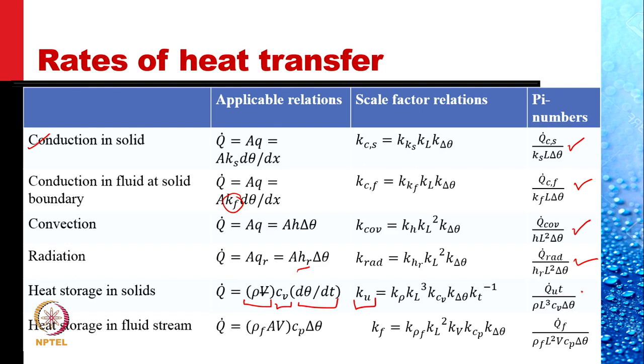And this is the relevant pi number. Similarly, for heat storage in the fluid stream, the mass flow rate is ρ_f A V, c_p is the specific heat, and ΔT is a temperature difference. And so we get the heat storage in fluid stream scale factor having this pi number. This is using the laws to determine the pi numbers.